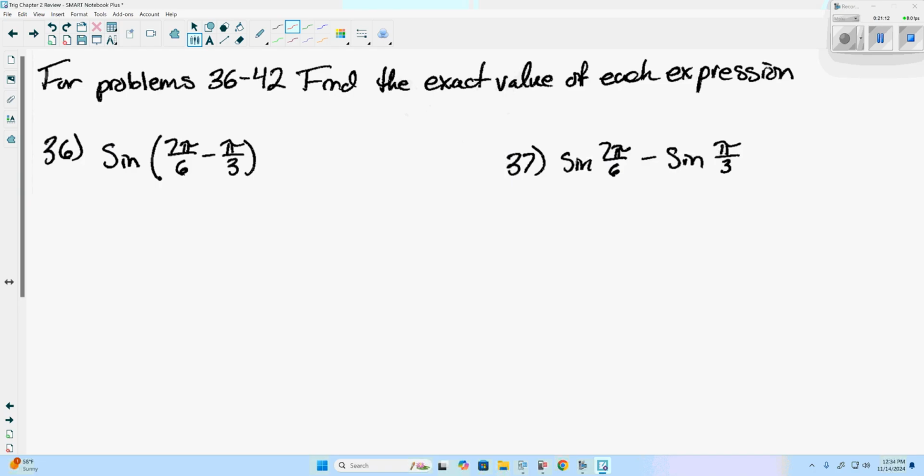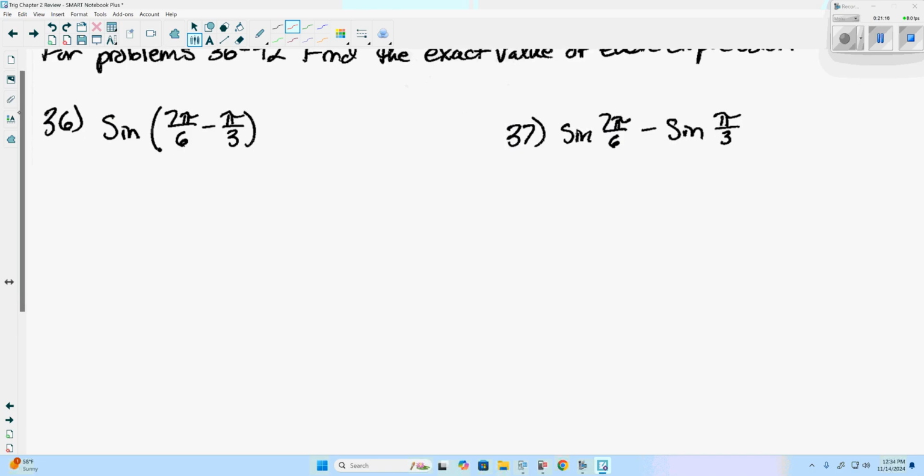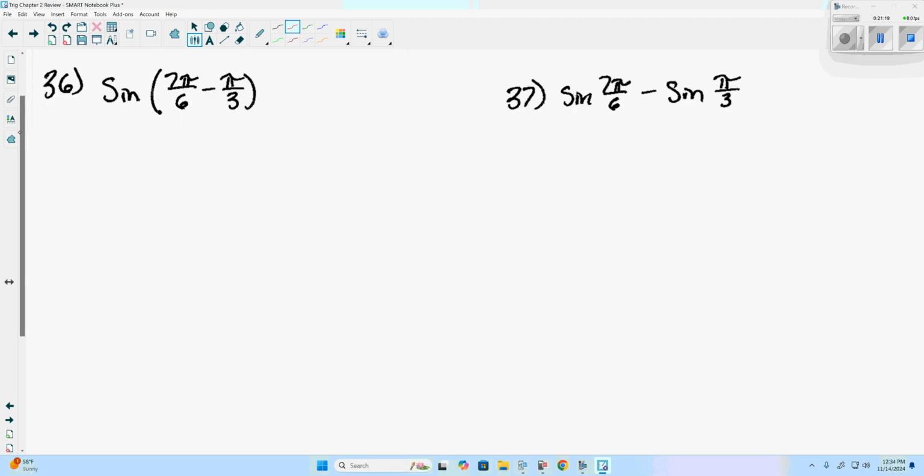Sine of 7 pi over 6 minus pi over 3. So we're looking at a difference, the sine's difference formula, which would be sine of 7 pi over 6 times cosine of pi over 3 minus cosine of 7 pi over 6 times sine of pi over 3.